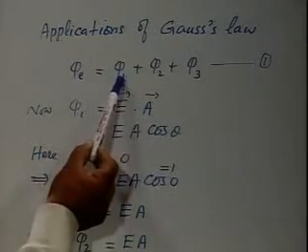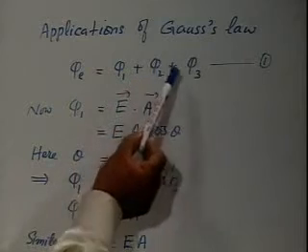Now, Gauss's law demands that we must know the total flux as well as the total charge enclosed by the surface. Now, the total flux will be due to this end face, the other end face, and the curved surface. If we denote the total flux by phi, then phi is equal to phi 1 plus phi 2 plus phi 3.